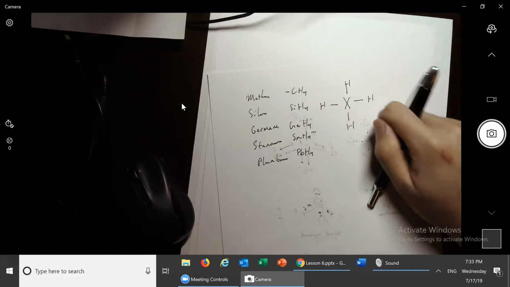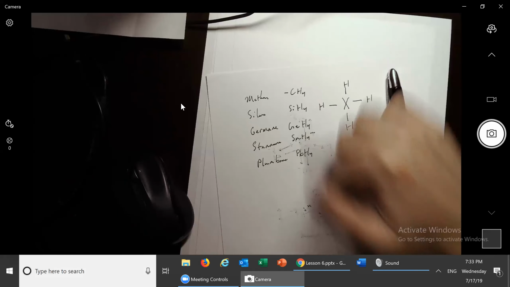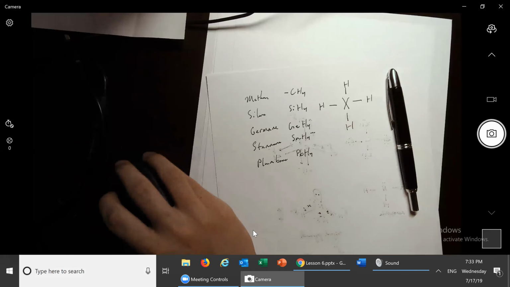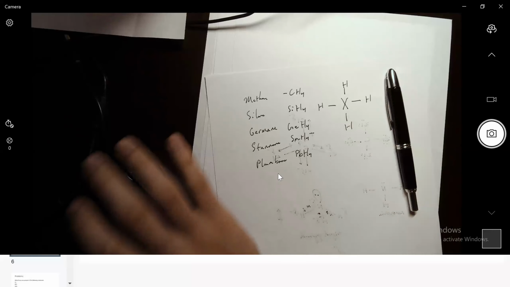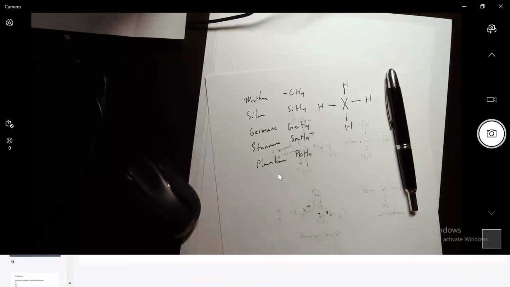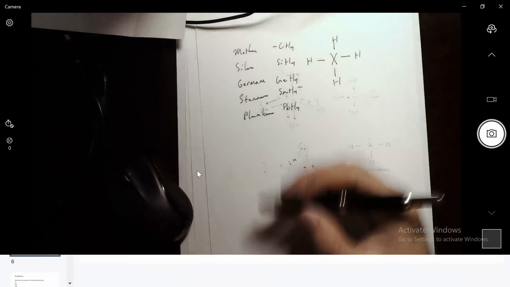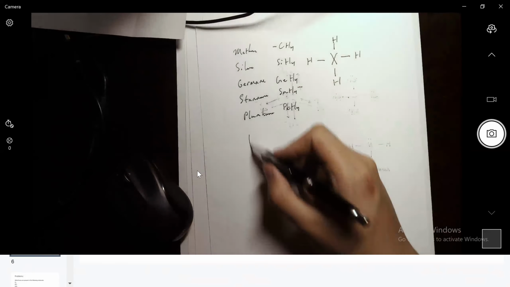So does everyone see why the structures are all the same? Right, because they're all in the same column of the periodic table. They're kind of similar, so we get similar compounds. So, if I were to graph the boiling points, what do you think the graph would look like?